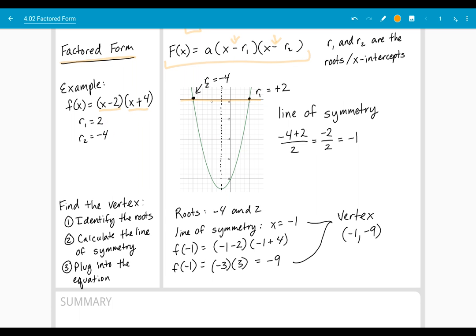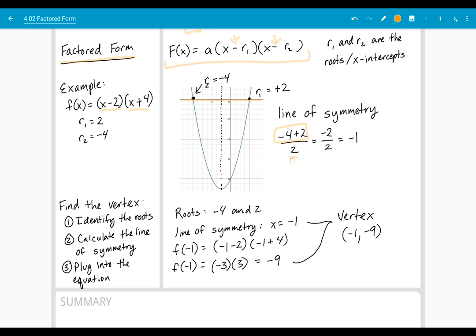Now, it's not quite enough to know where the roots are if we wanted to actually graph this. We'd have to do a few more steps. The cool thing about parabolas is that they are symmetric on both sides. So the line of symmetry is something we can easily find if we know the roots. For the line of symmetry, you're going to take the two roots, add them together, and just divide by 2.